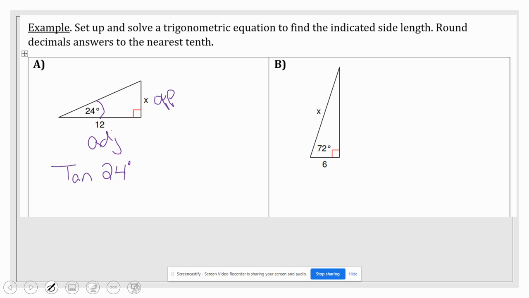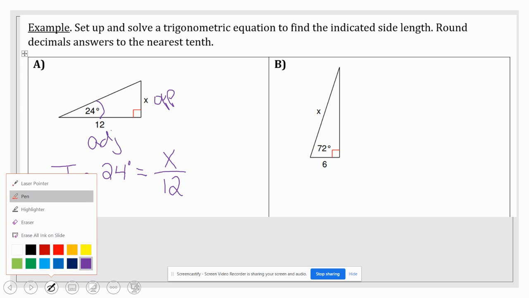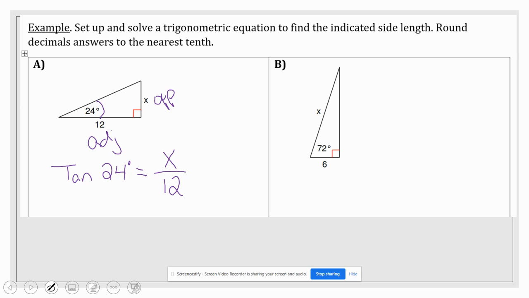So tangent of 24 degrees, opposite is x, adjacent is 12. To get x alone, I'm going to multiply both sides by 12 because the opposite of dividing by 12 is multiplying by 12.